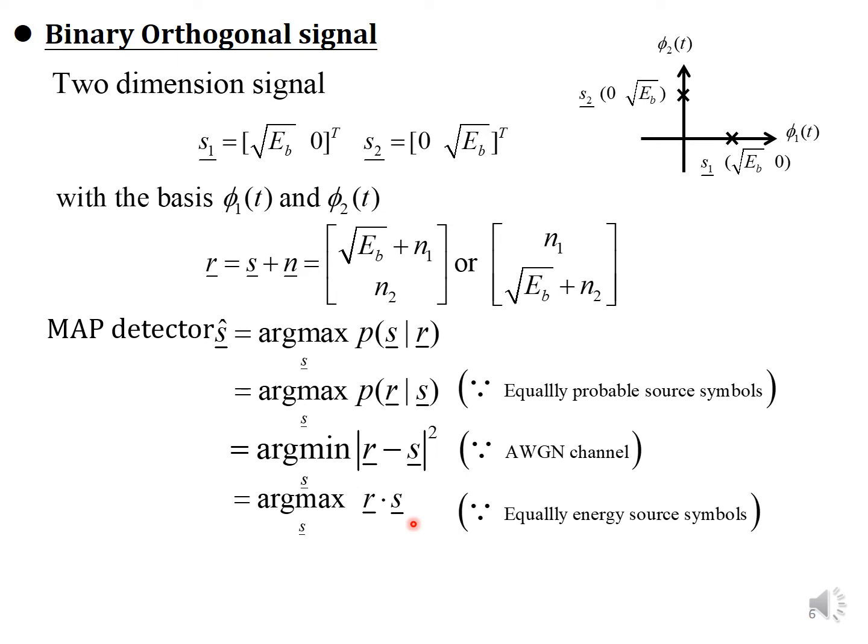And for equal energy sources, we can reduce this, because it is the inner product of the received signal with the source vector. The inner product of R with the source vector.